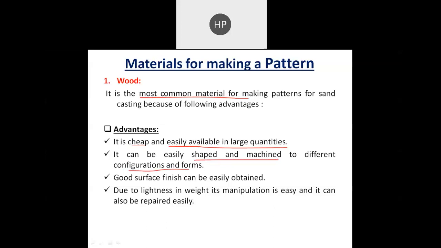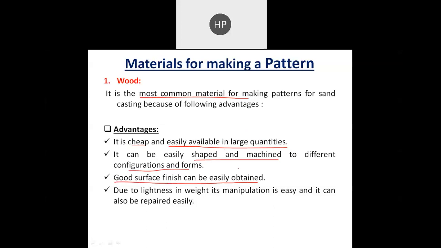Okay, we can easily do the machining operation or various shaping operations on the wood to make complex parts. Then good surface finish can be easily obtained on wooden parts.